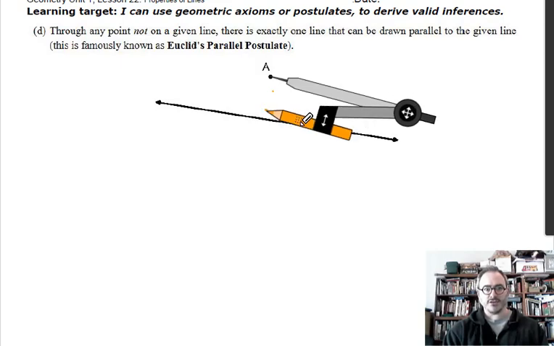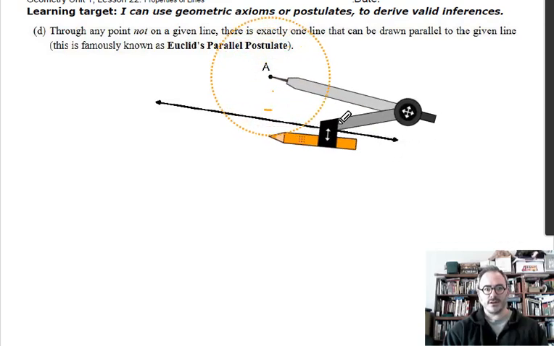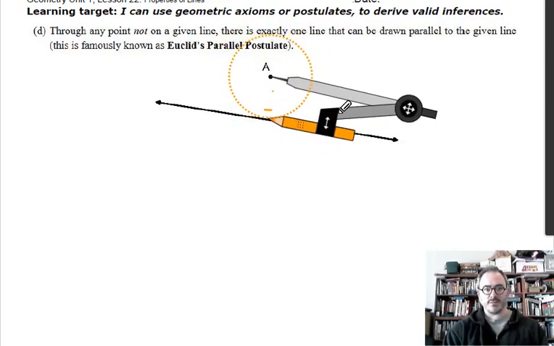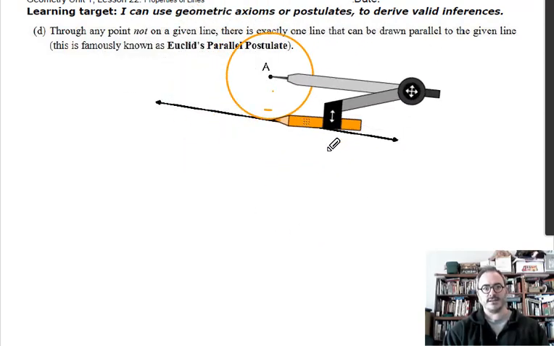I'm going to measure. No, that's not what I wanted to do. I need to take a measurement with my compass so that my compass is directly on the point that I want to go on. And now I can make the arc I want to make. All right, there it is.